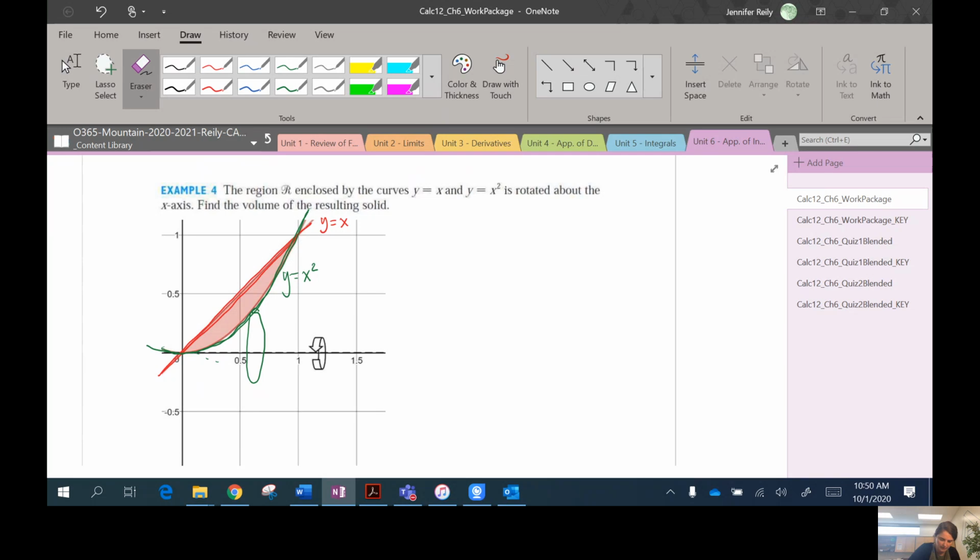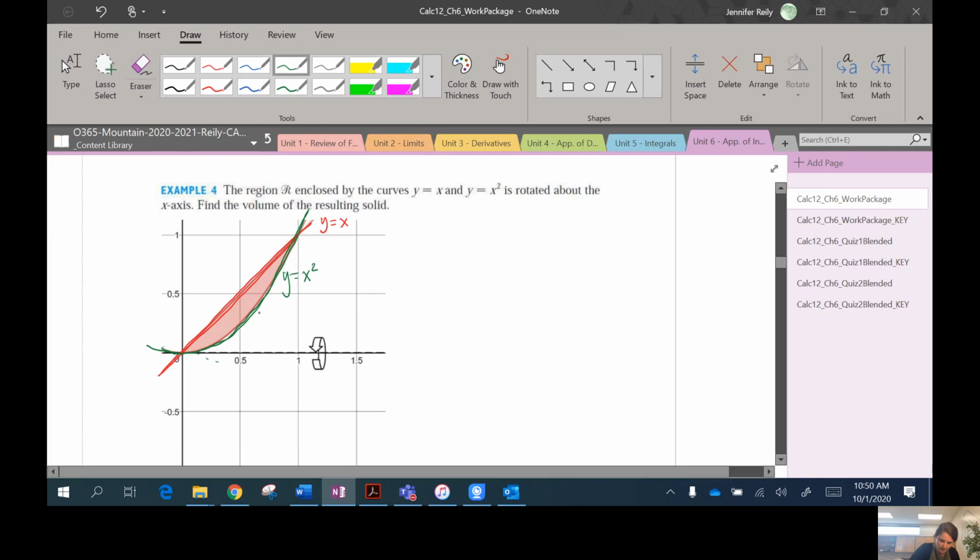It's nice to draw it as best as you can so that you can really visualize it. There we go, that's better. That's going to be kind of my inner radius. And then that's going to be more like the outer radius. Okay, that's better.